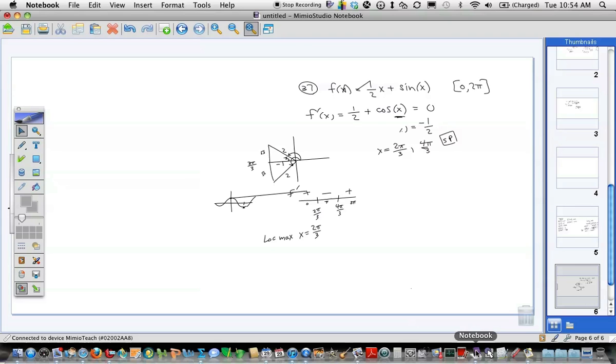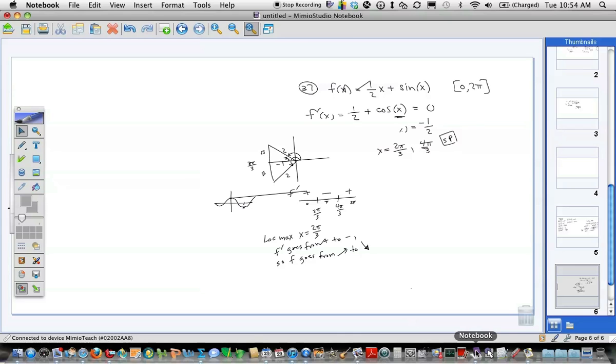And this is something that AP changed on their testing procedures about 4 years ago. When you do a local max, this number line used to be good enough as justification, not anymore. You have to write out why that's a local max, and it looks like this. F prime goes from positive to negative, so F goes, or changes, from increasing to decreasing.